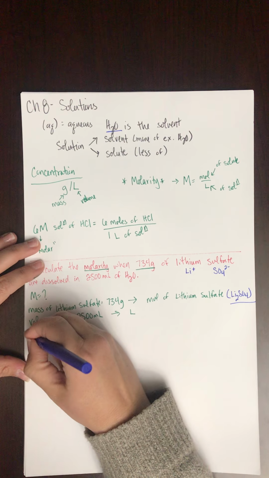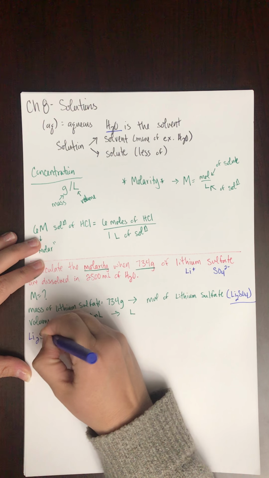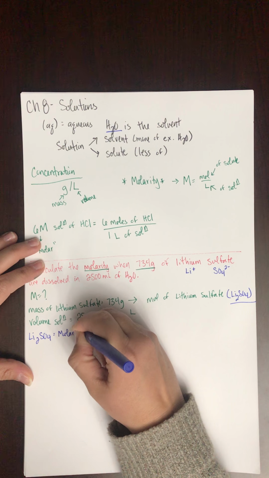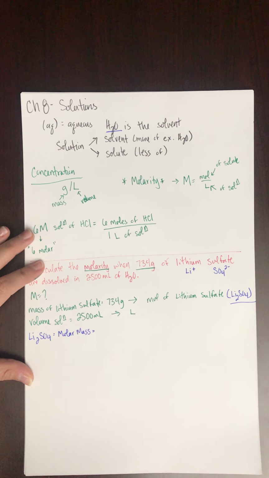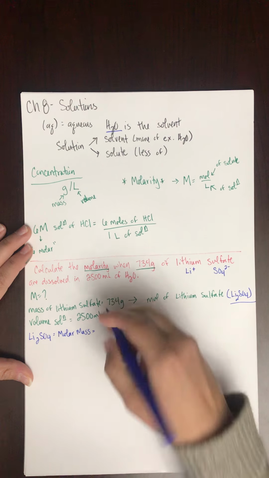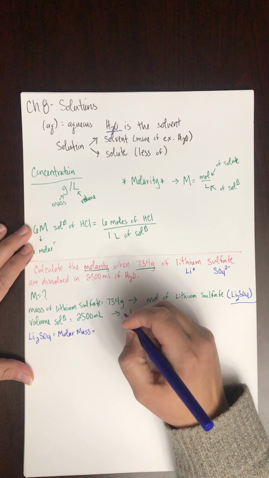So from this Li2SO4, I'm going to determine the molar mass, which remember is just the sum of all of the atomic masses in this compound. I'll write this out just this first time.